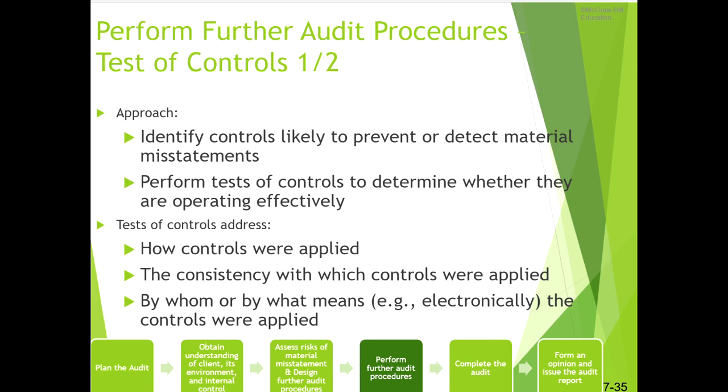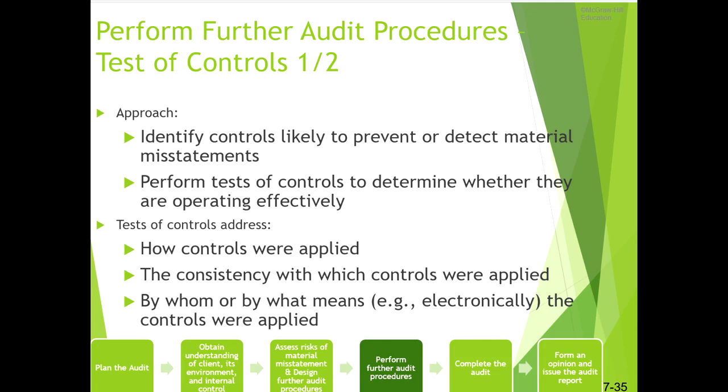So we would look to see, for example, let's say you have a purchase order that has to get approval. Are there any purchase orders that weren't approved, right? And so we'd be looking for any gaps, any inconsistencies in which the controls were not applied, and how are they applied?